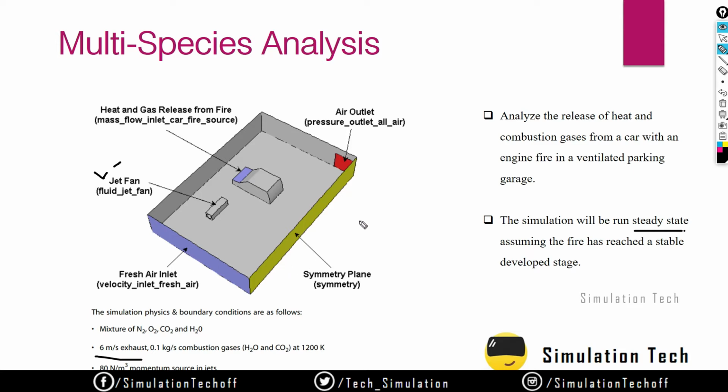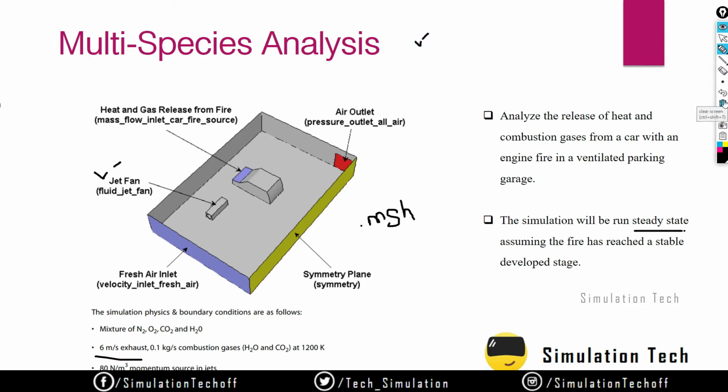It is already created, so we call it a pre-processed mesh file, which is in MSH format. I have attached this file in the description. You can also download it and try this analysis yourself.